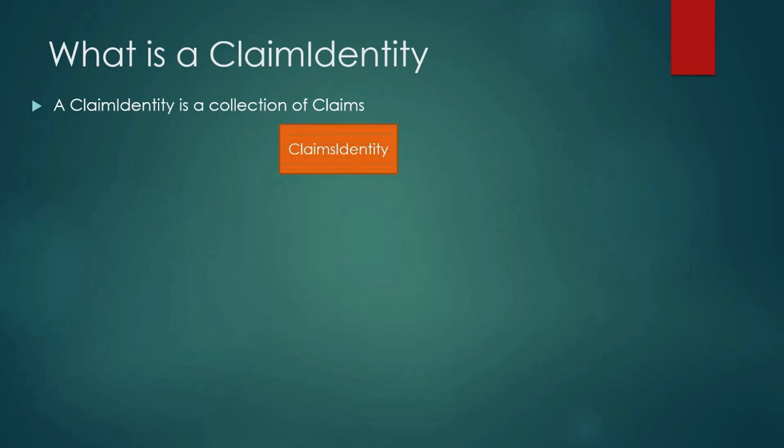When we say claims identity, some of you may be wondering, what is this collection of claims? Think of a claims identity as a national ID card. For those whose countries have a national ID card, you'll find it has something like first name, last name, middle name, date of birth.